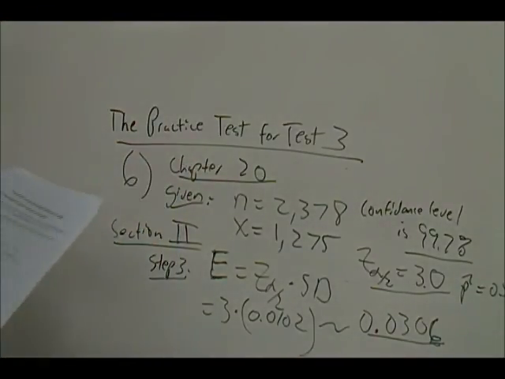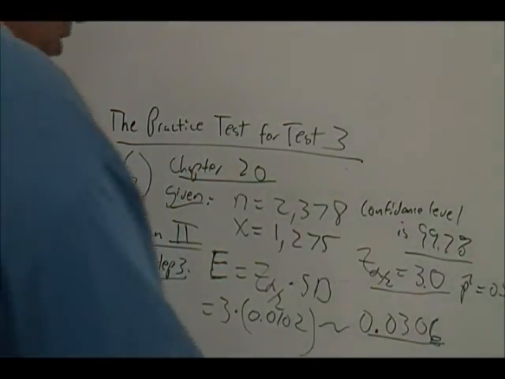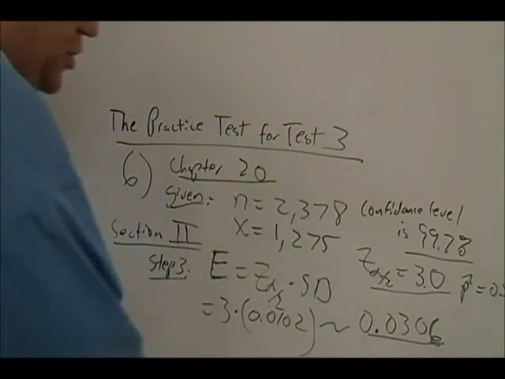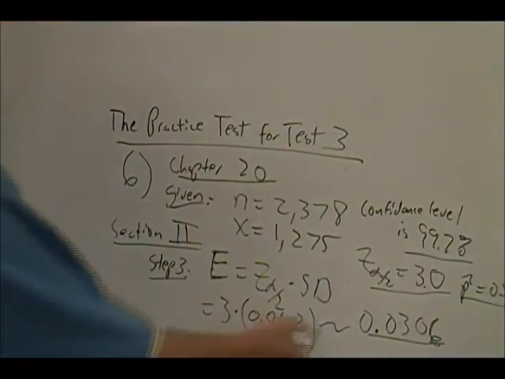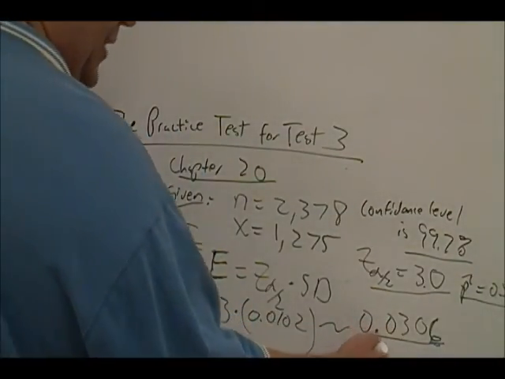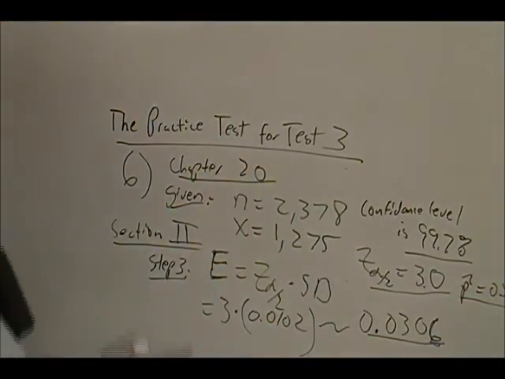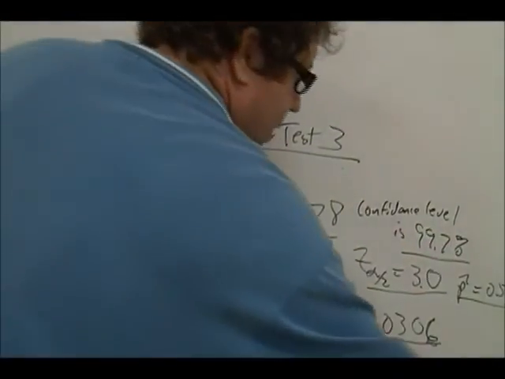All right, so now we move on to step 4, which is to actually make our confidence interval using the sample proportion and the error. So we're going to subtract the error from the sample proportion and then add the error to the sample proportion, and that will give a range or an interval estimate for where the population proportion should lie, at least with this confidence level.